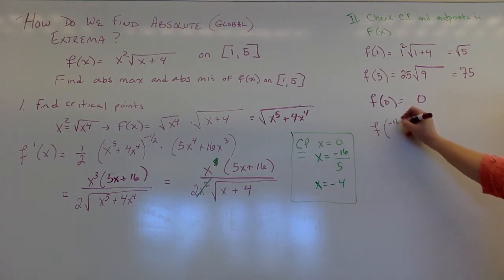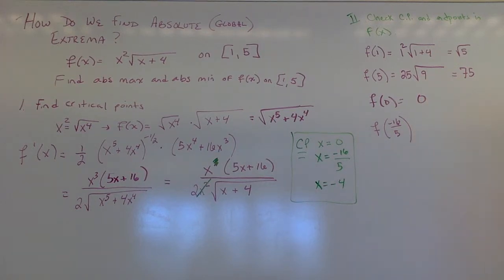f of negative 16 over 5, I think I goofed here. Hold on one second. Let me just make sure I didn't goof. 4x to the fourth, 16x cubed. No, okay. Negative 16 over 5. This is a little bit of a pain, but we can do this.